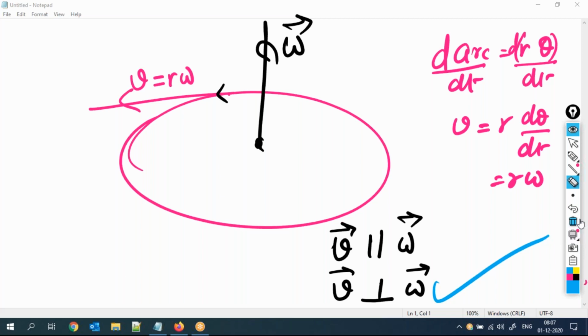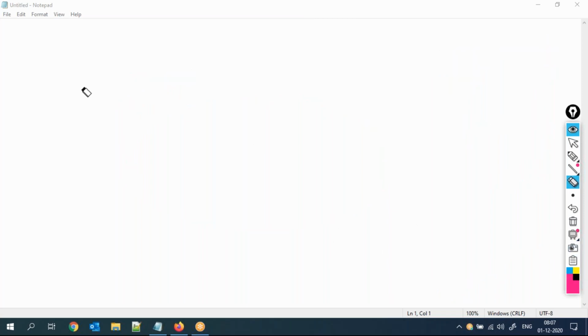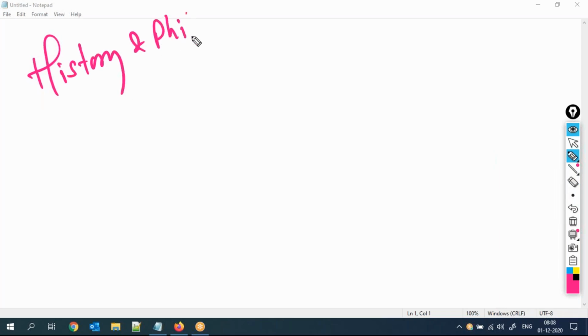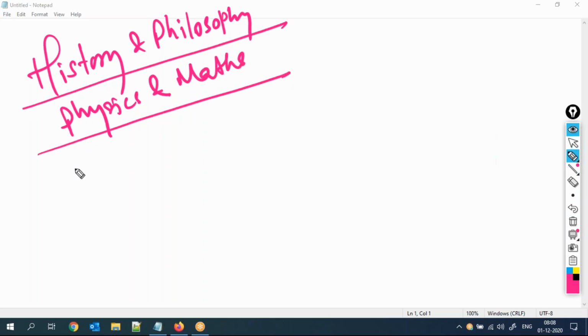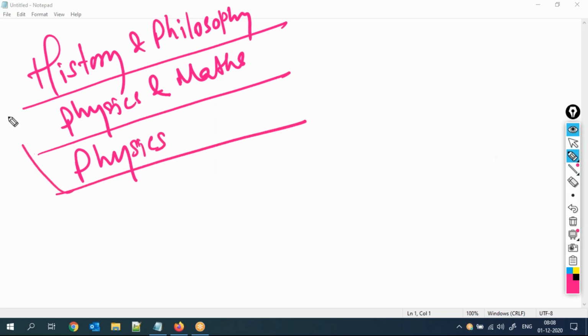One is telling history and philosophy. Another person was telling physics and math. Shreyas, I chose physics. I don't like physics that much, so I will have to blend all three.